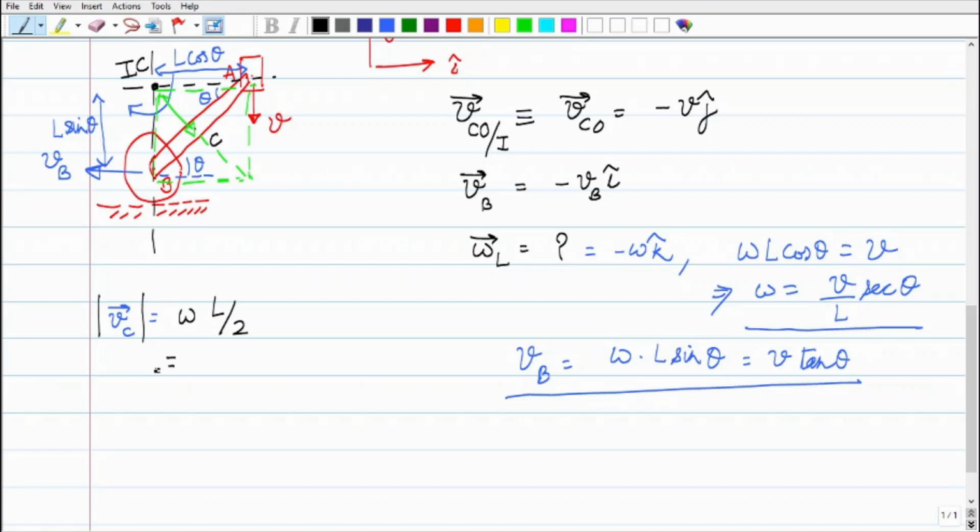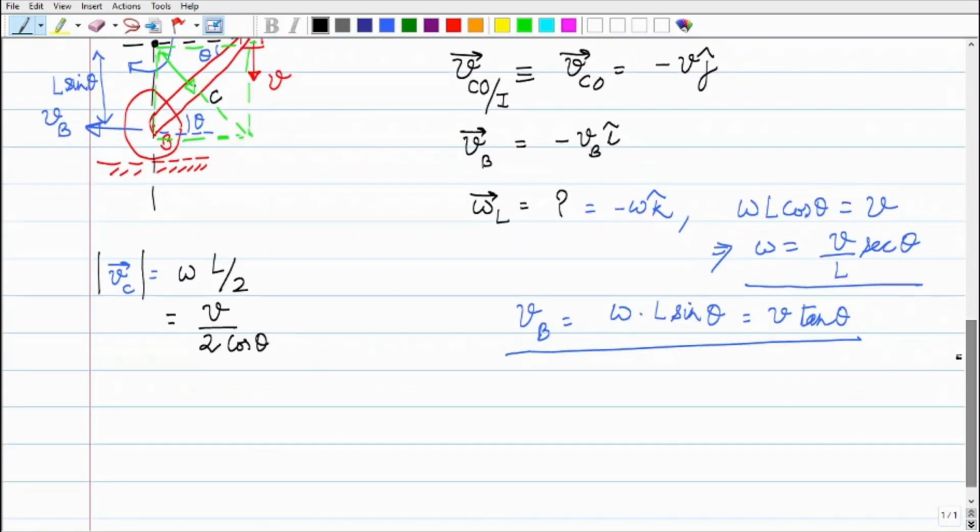And omega we have found out is V by L sec theta, so this is simply V by 2 cos theta. Okay? So now we have everything in terms of the velocity of the collar. So what's the kinetic energy of the system then?